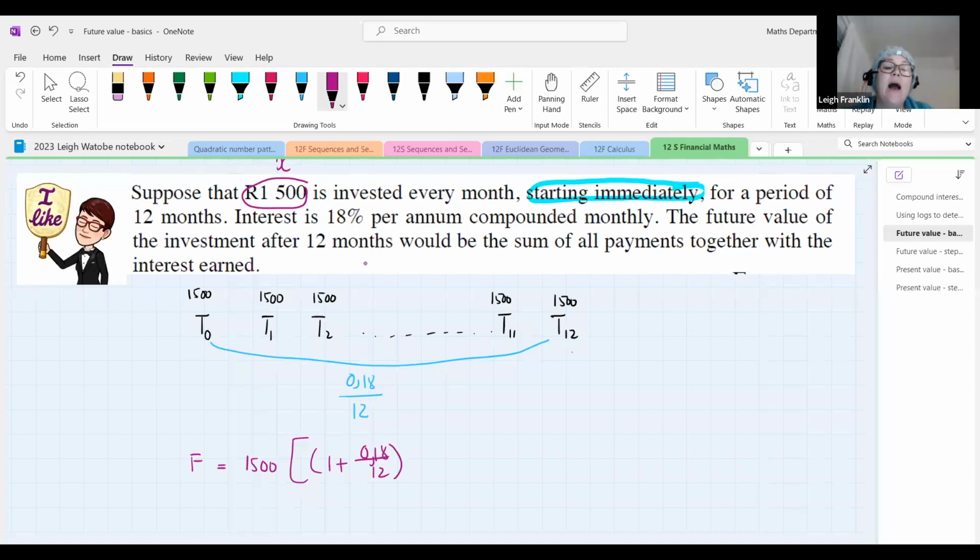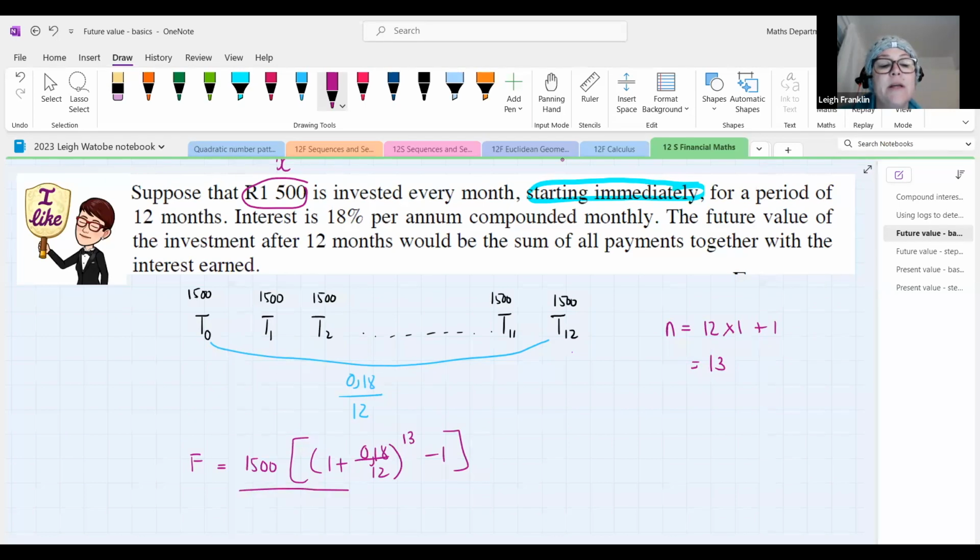Now, how do we calculate the number of payments? Can you see that if you start at T0 and pay every single month, it's going to be 12 plus 1. So there would be 13 payments of 1,500 Rand.